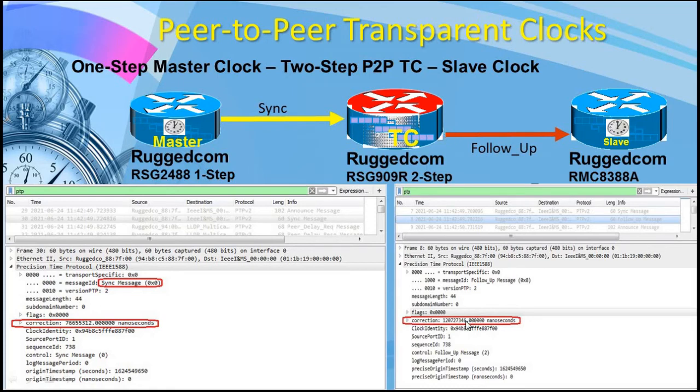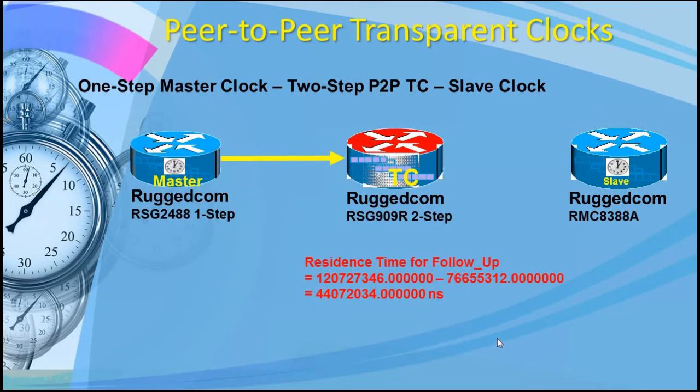The correction field is generated based on the calculation on the two-step transparent clock. So the sync message is received and a new follow-up message is generated. The residence time is this value, introduced by the two-step transparent clock.